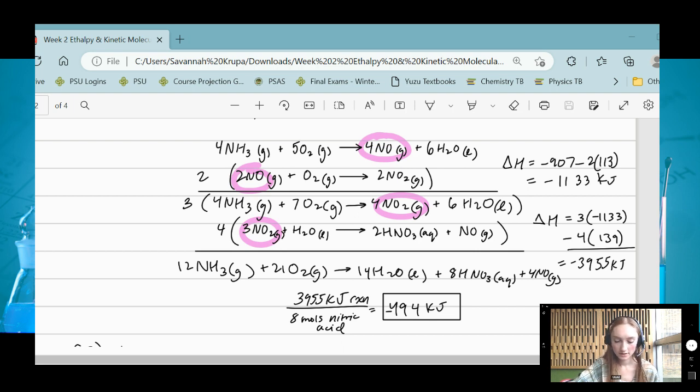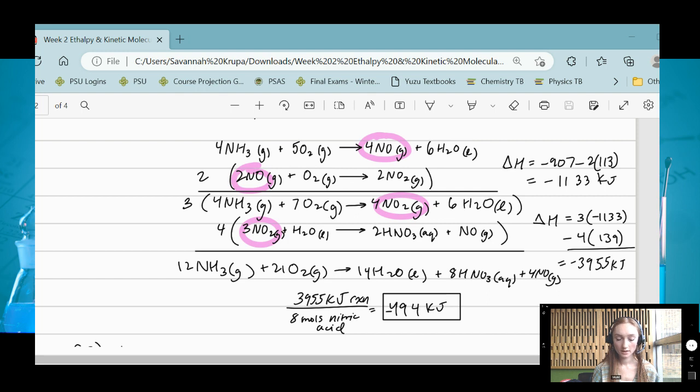So since we're getting rid of the NO2, we can see that the coefficient is a 4 and the coefficient is a 3 on these two gases. But what is good is that we don't have to multiply anything by a negative because they're on the opposite sides of the arrow, so we don't need to swap anything around to cancel it out.